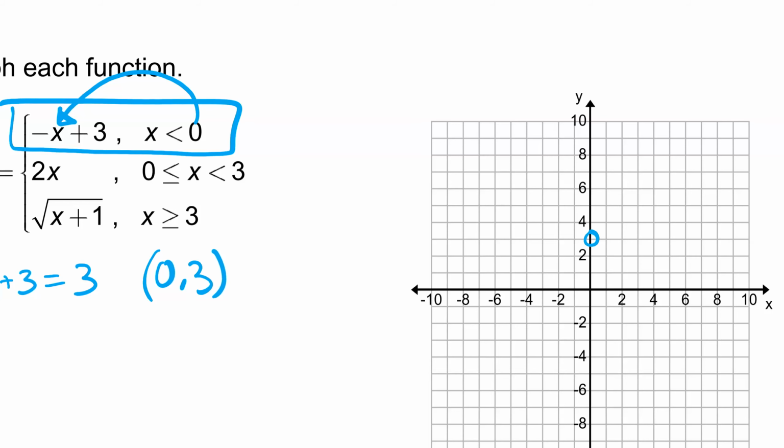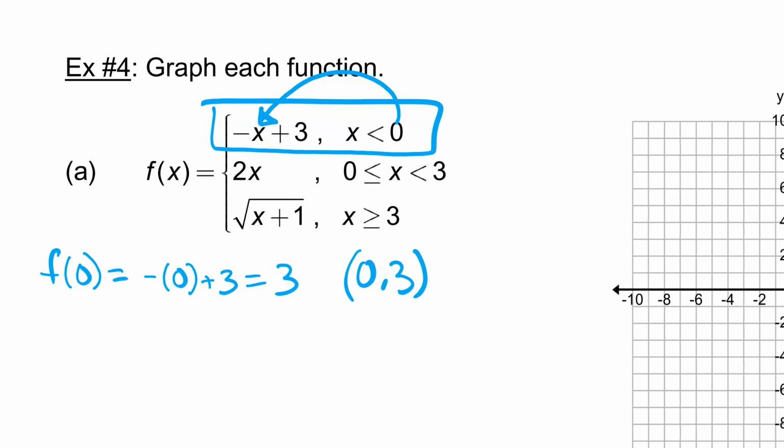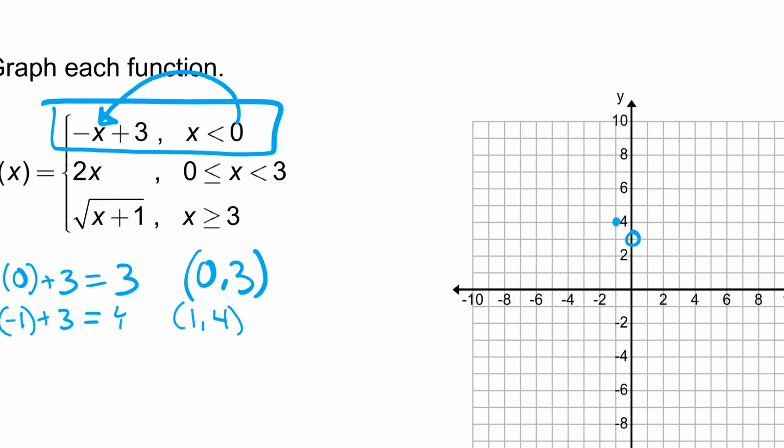Let's pick a point. I'm going to pick negative 1, because negative 1 is less than 0. So negative of negative 1 plus 3 is going to be 4. So I have a point at (-1, 4). This helps me because I know it's a line. Now I have 2 points, and I just have to connect them.